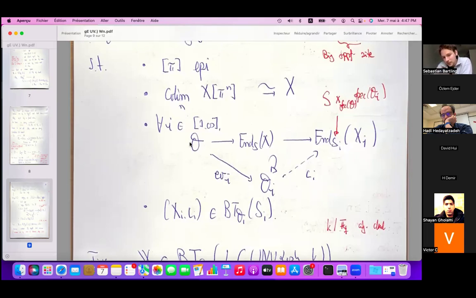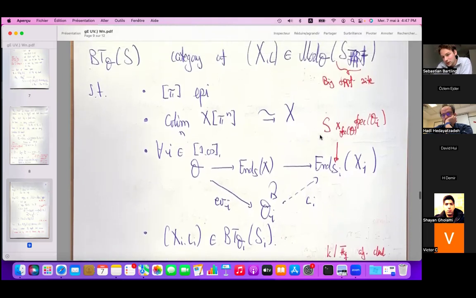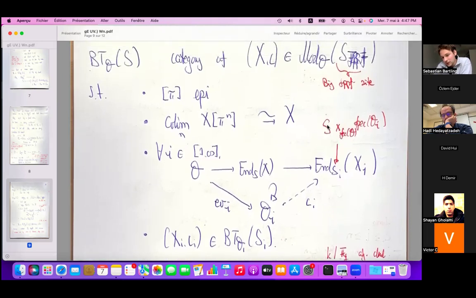I have this ring homomorphism from O to the endomorphisms of X. If I have my S over O, I can restrict it to a fiber.